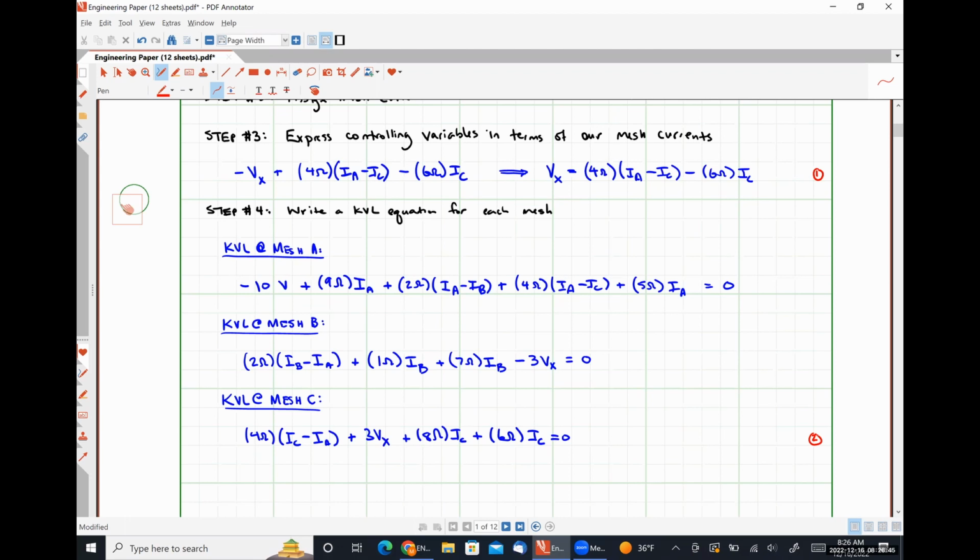Our KVL at mesh A expression contains IA, IB, and IC, but no Vx. And our KVL at mesh B expression contains IB, IA, and Vx. So we're still going to have to use all four.